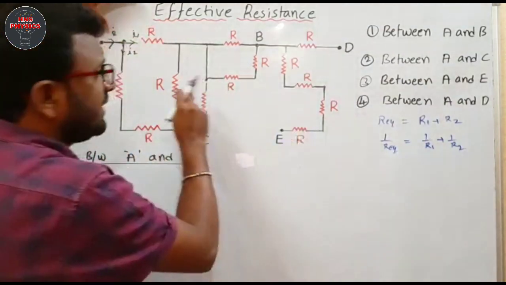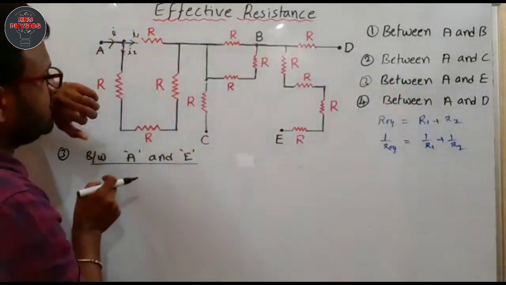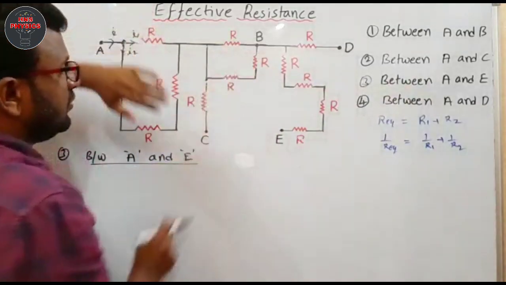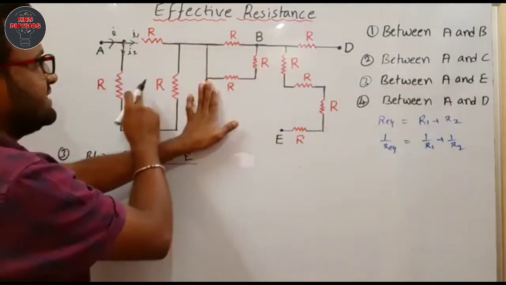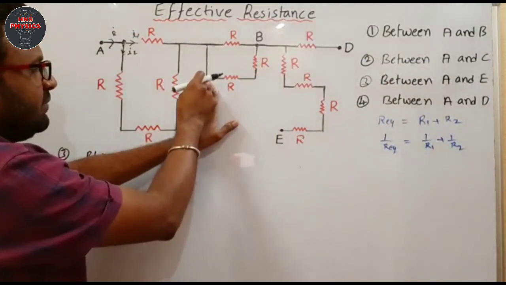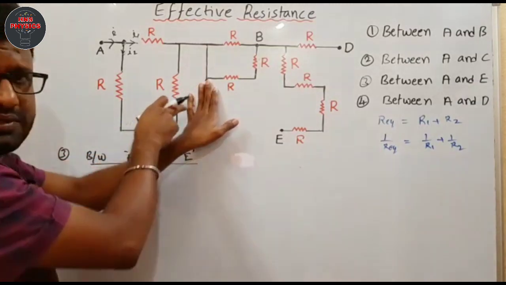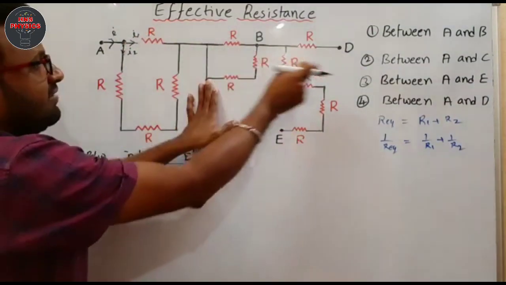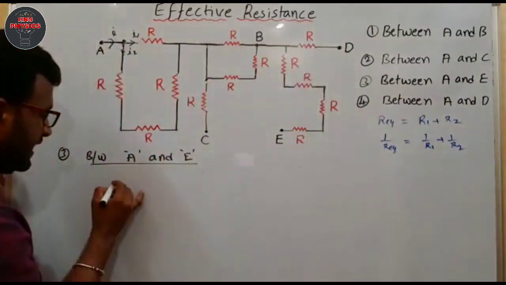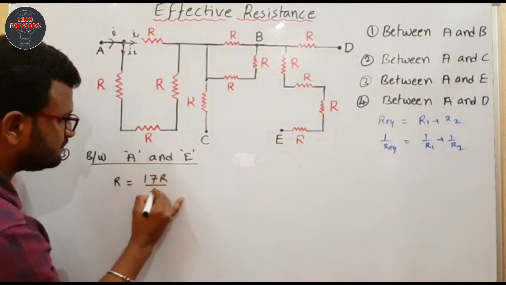We know the total effective resistance up to A and B. Except this part, we have got that total effective resistance. So here the circuit will be open. Open means there is no current flow through this resistor. So the total effective resistance between A and B we already got, that is 17R by 12.